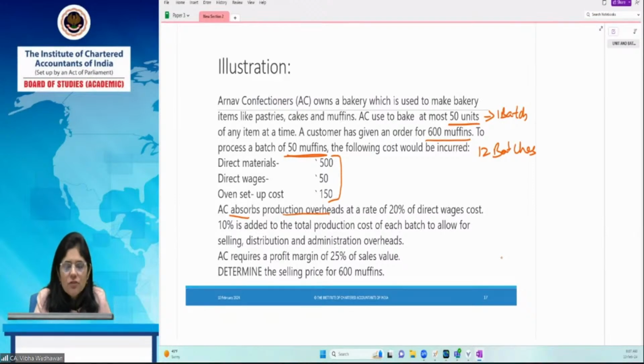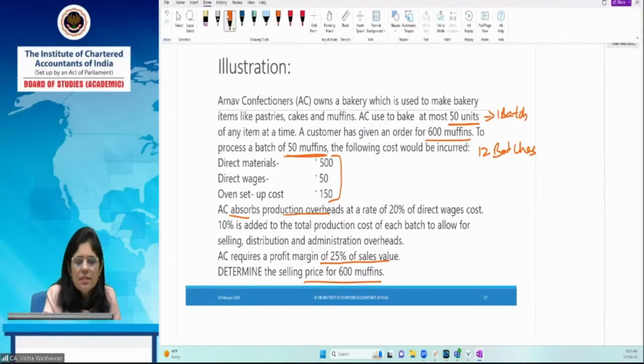So production overheads will be absorbed at the rate of 20% of direct wages. And 10% is also added further to production cost of each batch, to allow for other overheads. Profit margin of 25% of sales we need. Determine the selling price for 600 muffins. Clear? So what exactly do you have to do?